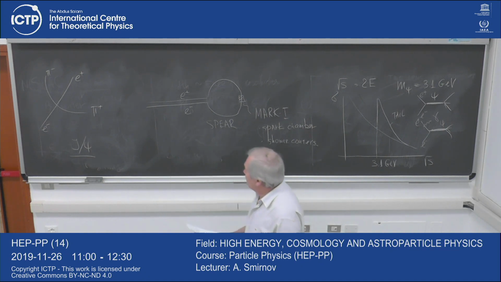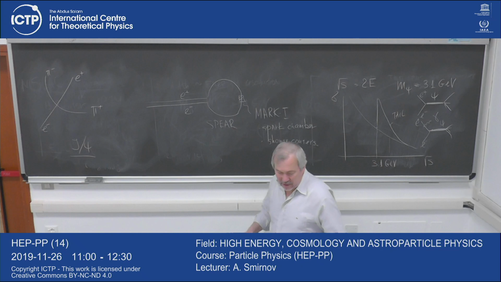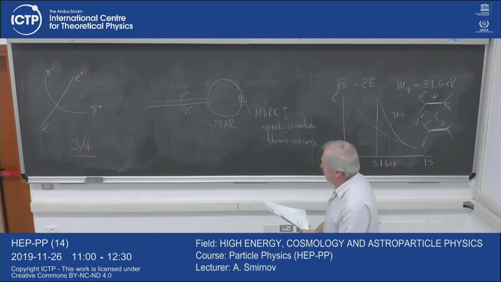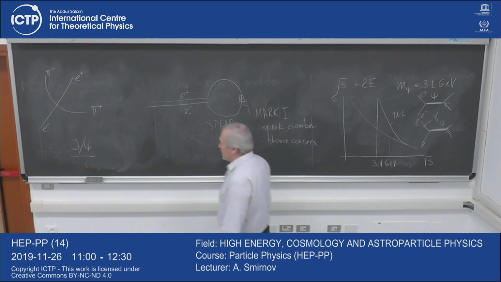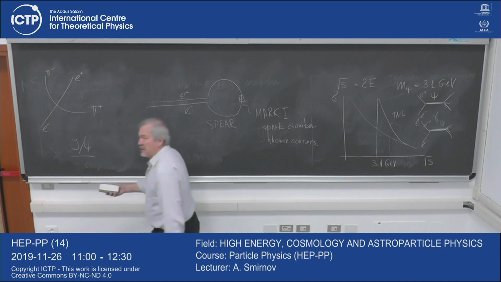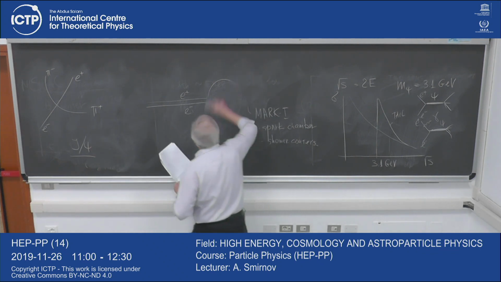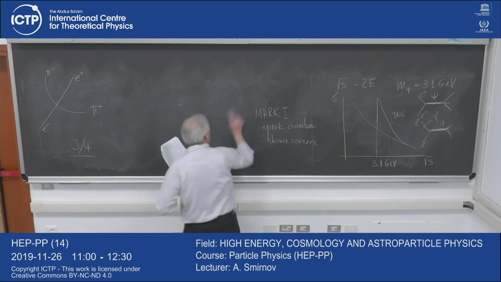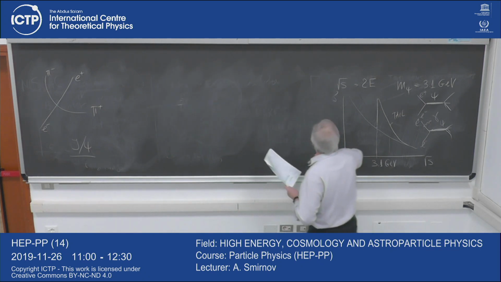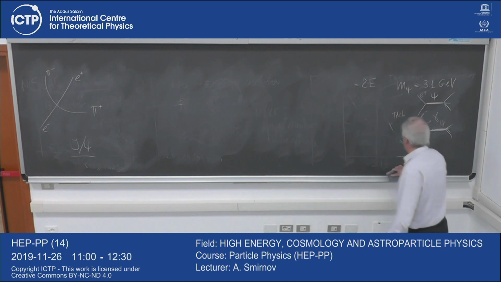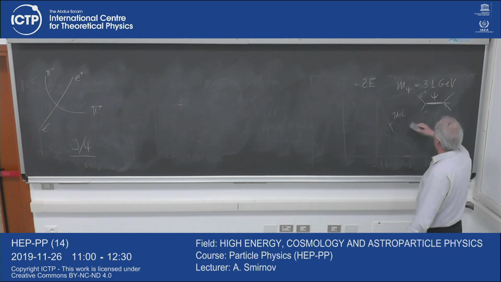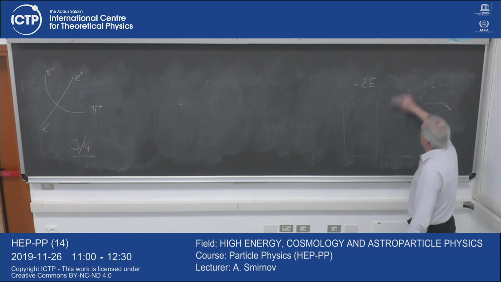So it was quite non-obvious, and only after studies of the properties of this new particle was it concluded that it corresponds to a composite state made of a charm and an anti-charm quark. It was a set of experiments, and those experiments have also continued.